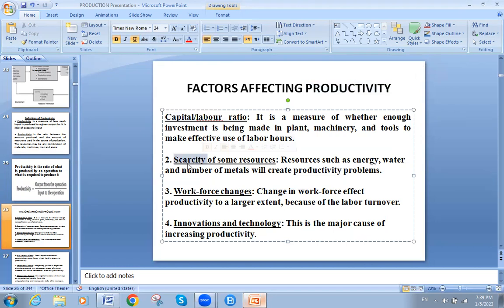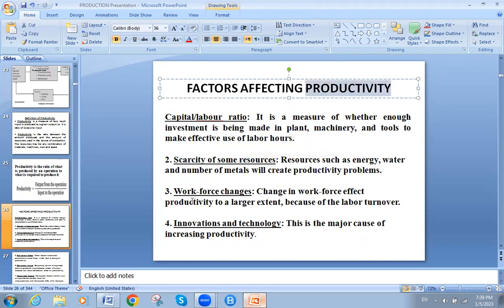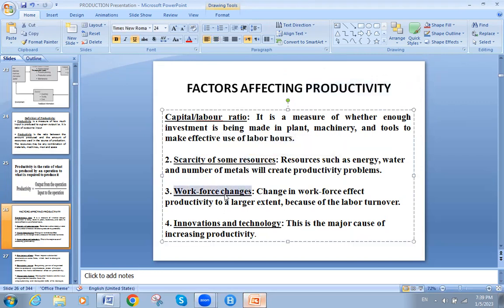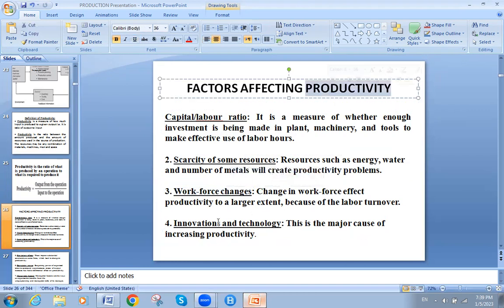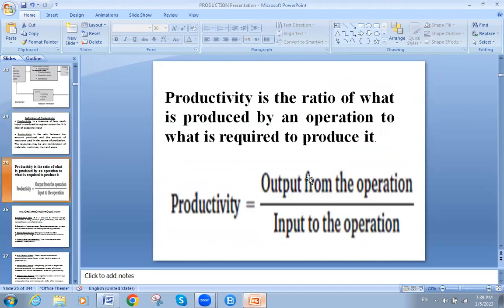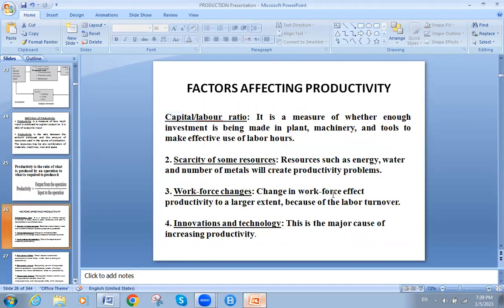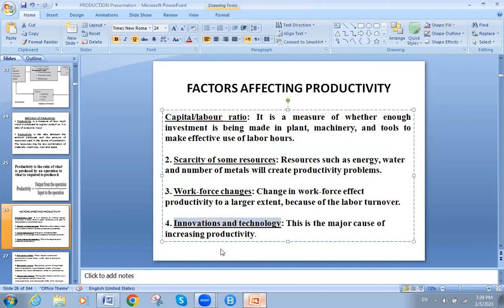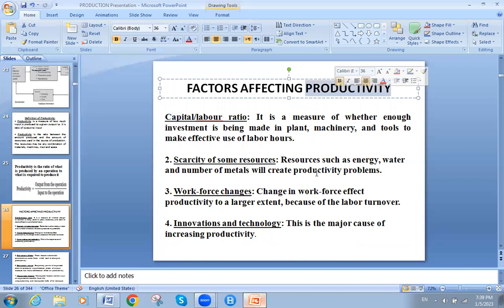If the resources are few, then productivity will be low. If the workforce is not very qualified, then productivity will be low, because we said total outputs divided by total inputs. If there is no innovation and we are using old technology, then the productivity will be low.